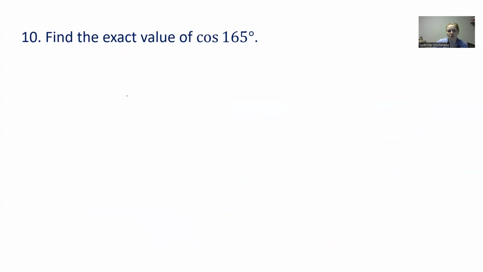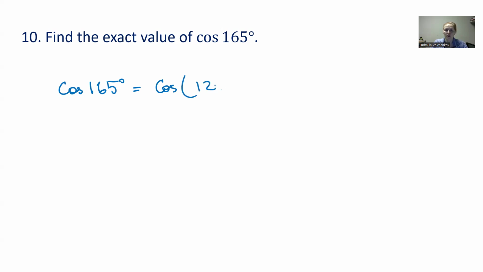Find the exact value of cosine of 165. We use the formula for cosine of a sum. We want to represent this angle as a sum of two angles that can be found on a unit circle, like 60, 30, 45, or in this example, we can take 120.